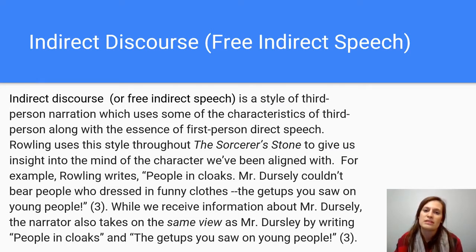So while we receive information about Mr. Dursley and who he is and what he believes in, the narrator also takes the same point of view as him, but still keeps it in third person point of view, right? So she uses phrases like "people in cloaks" and "the get-ups you saw in young people." Mr. Dursley doesn't actually say any of this. The narrator is saying this, but she's taking on his characteristics and personality using this indirect discourse.